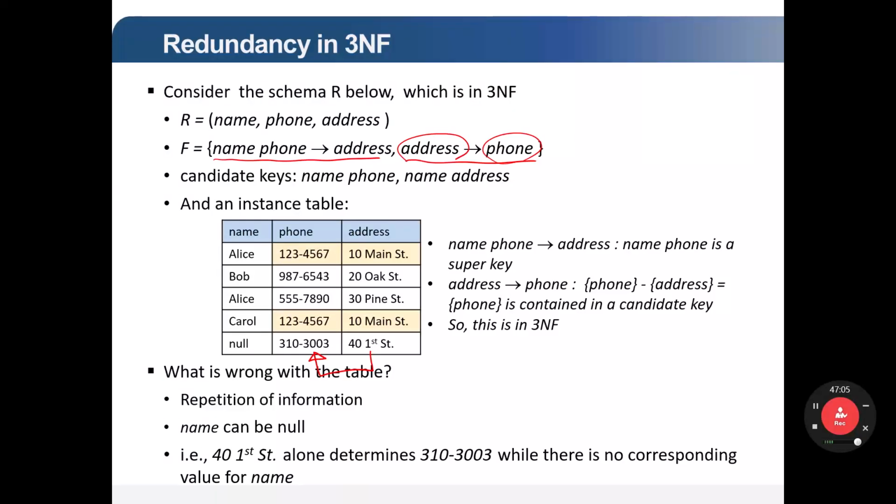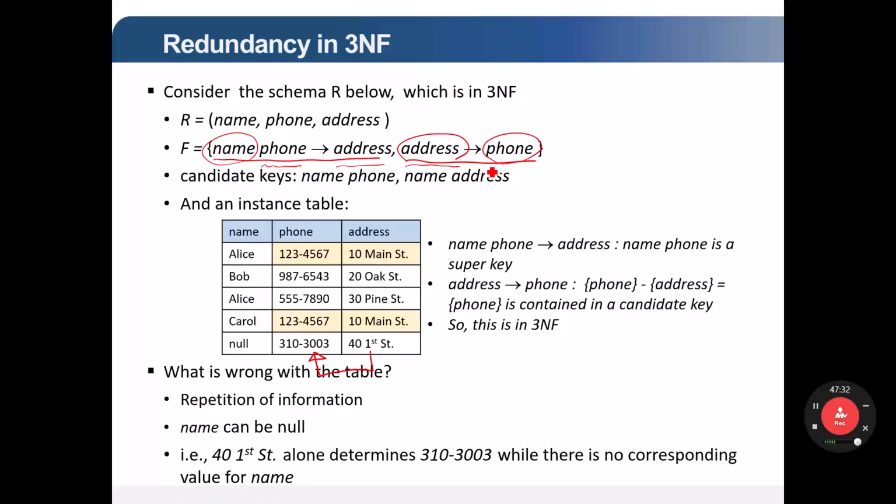Can you store null value in name? In what sense? Null can be anything. It is unknown value. So null and specific phone number determines address. Even if we do not know name, phone can determine address.